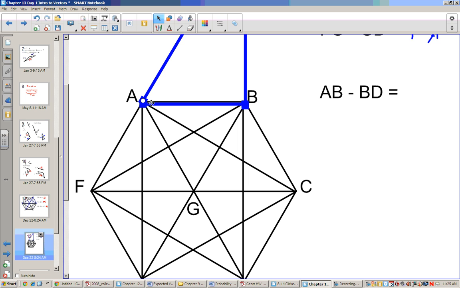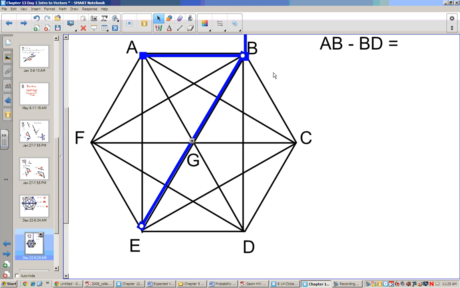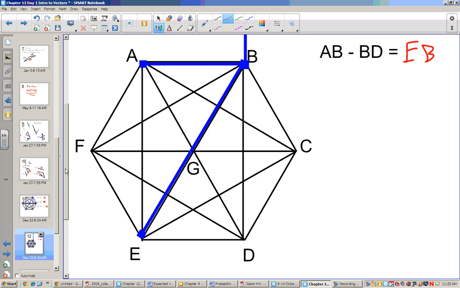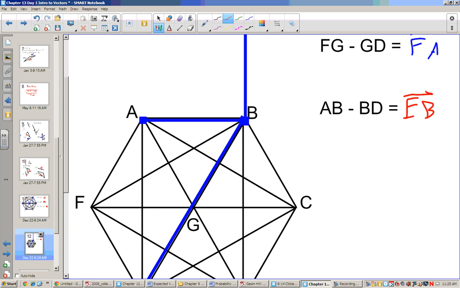Well, what vector would be equivalent to that? Well, look at that. EB is the same exact vector as these two when they're subtracted. So the answer will be EB. That one was a little tricky.